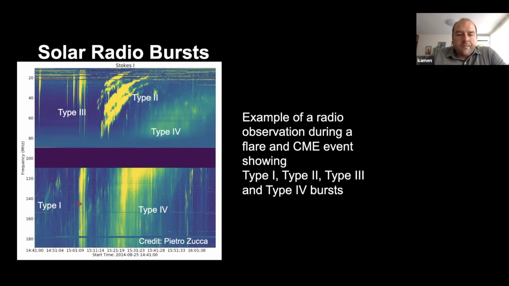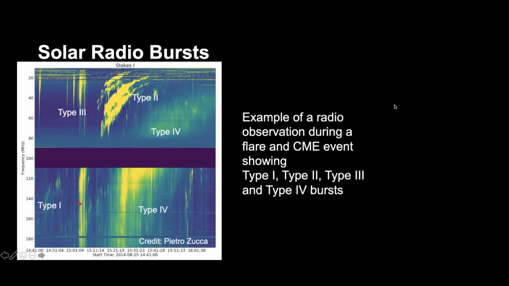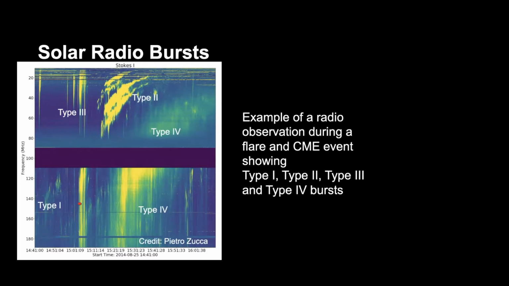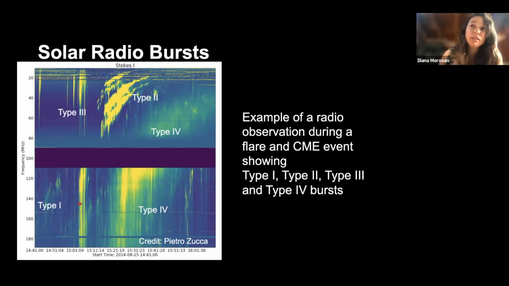Another question? Yes, please. Does that mean that if we observe a type 1 radio burst from some active region, maybe we can forecast or predict the launching of a CME, or the likelihood of launching of a CME from this region? I don't think so, but I don't know.